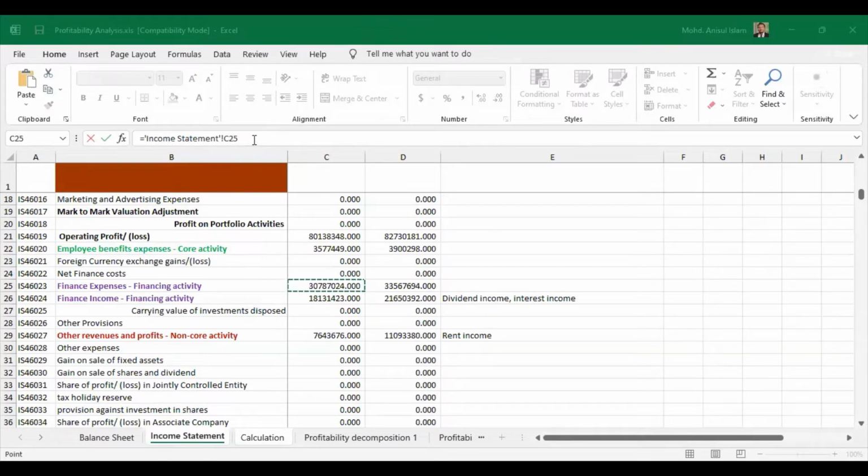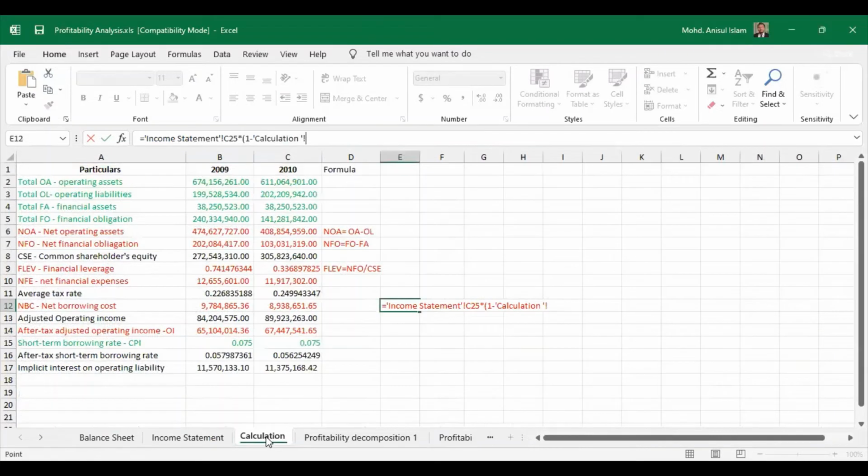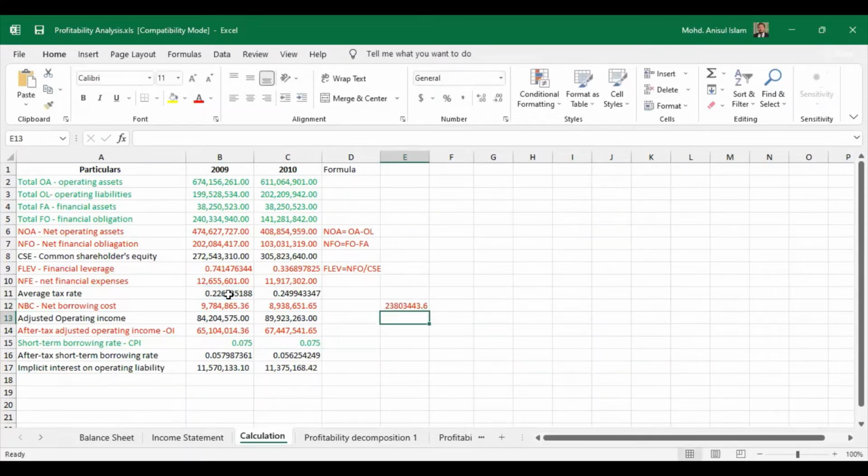So what is the net borrowing cost? In fact, if we subtract the tax amount or tax benefit in this way, you know how to calculate the after-tax interest expense. If you completed your CID, Capital Investment Decision course, you are, sorry, not this one.